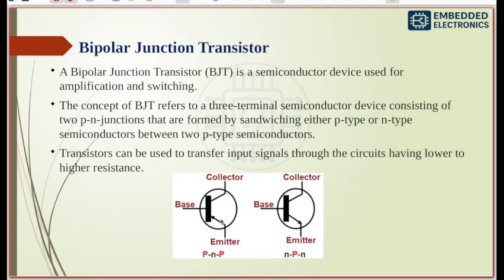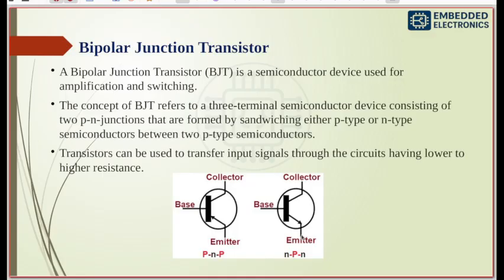So this is the PNP and this is the NPN transistor. The difference between PNP and NPN transistor is the arrow mark at the emitter end. Here you see the arrow in the PNP transistor is moving from the emitter to base, whereas in the NPN transistor, it's moving from the base to emitter.